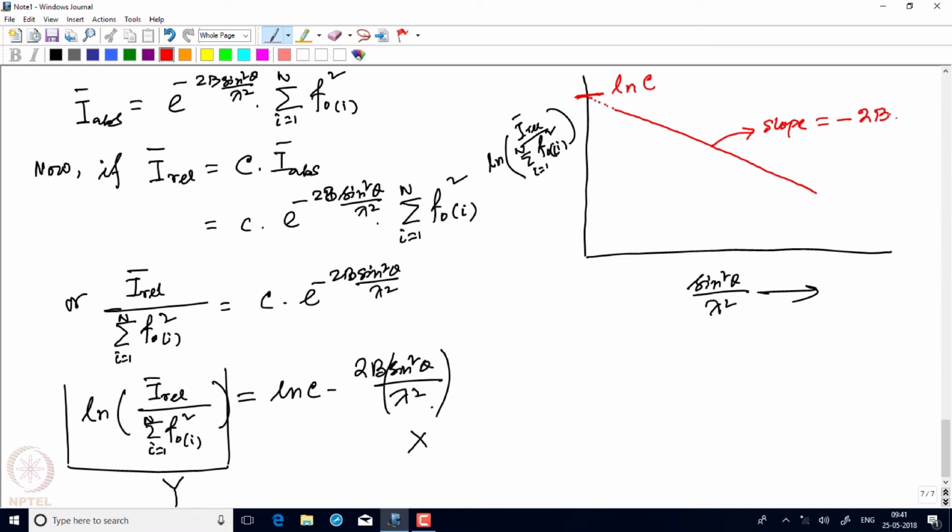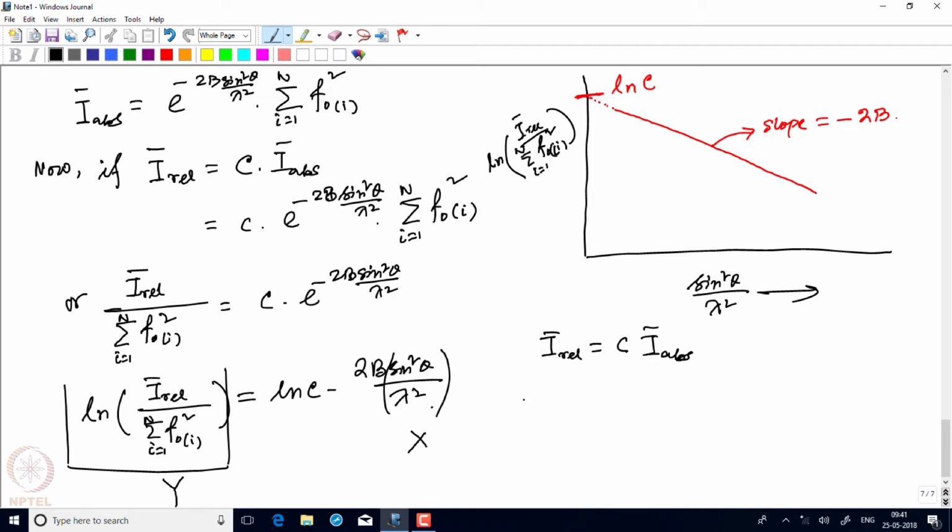So if you write this in this manner now, I relative is equal to C I abs.